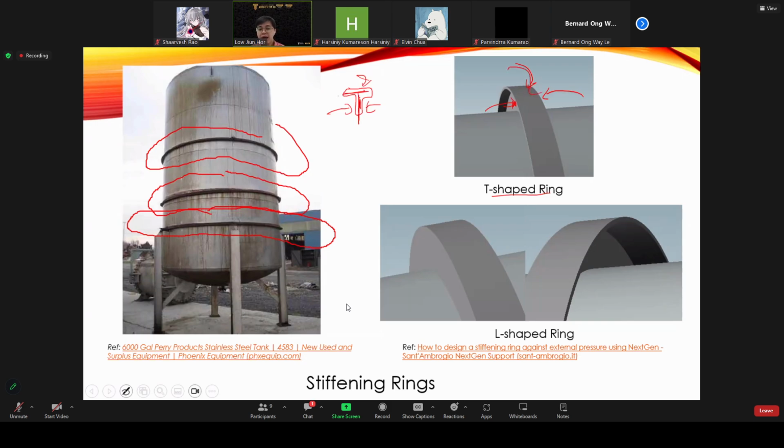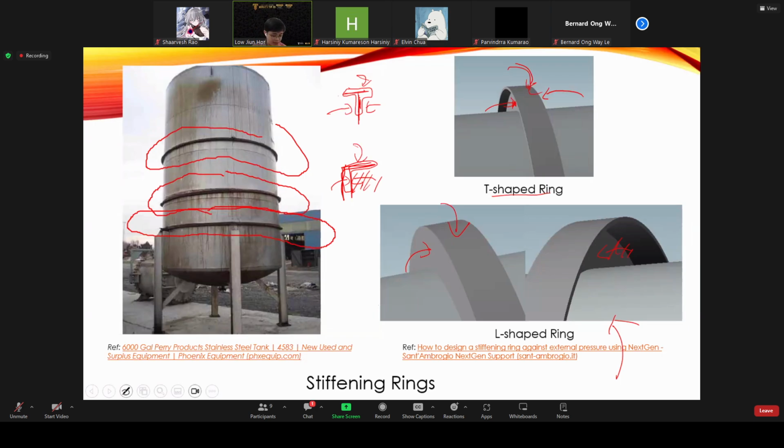This one is known as an L-shaped ring. Why? Because the ring is like this. This part is here. And you see, here is the inner surface. Here is empty. Here is empty. The shape is like the alphabet L. So that's why the ring here is known as an L-shaped ring.